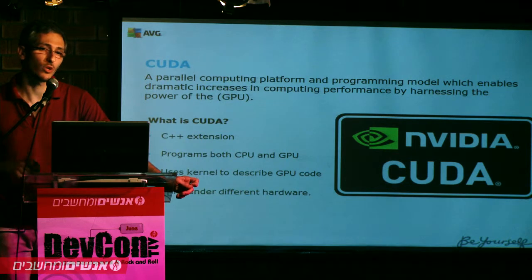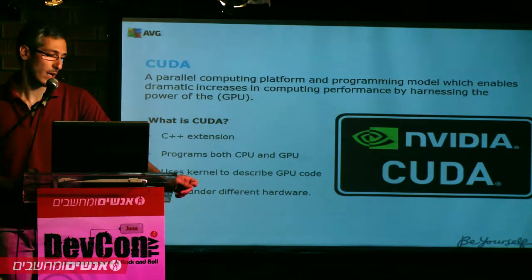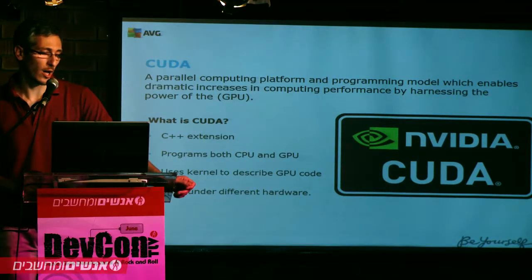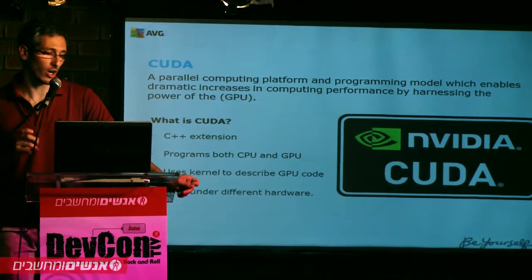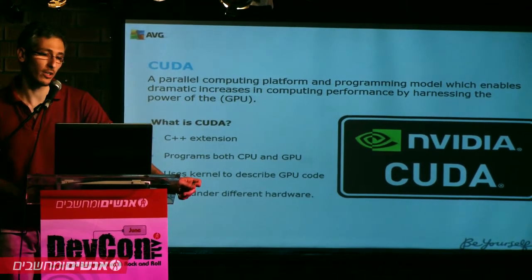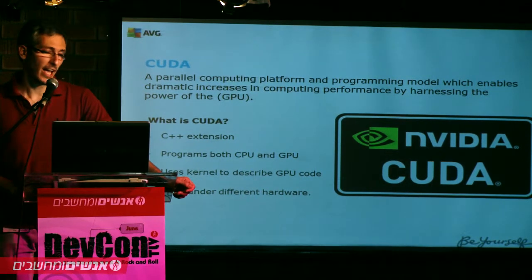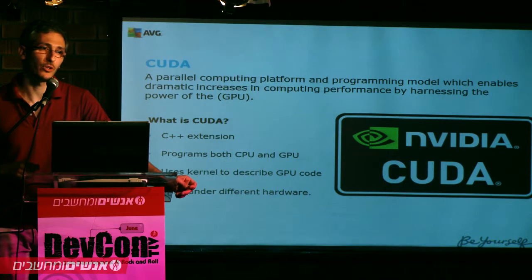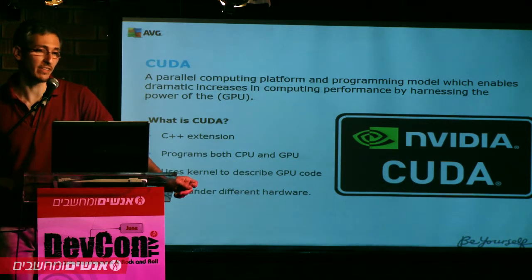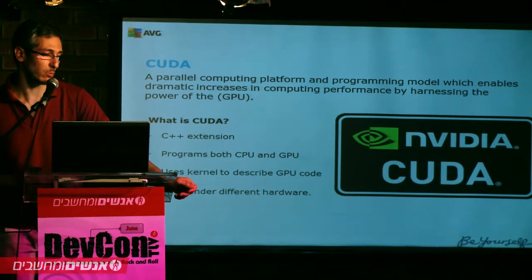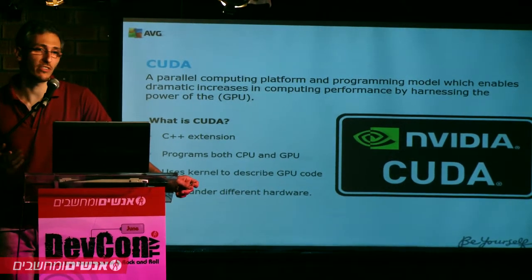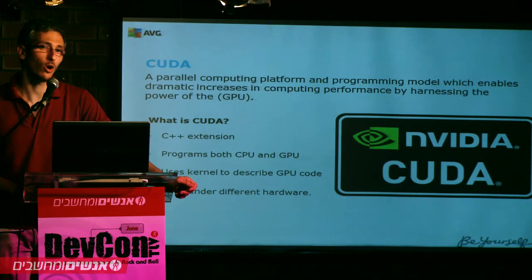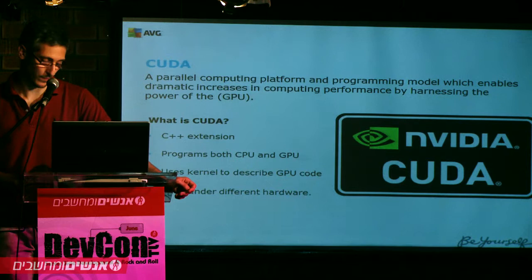It allows us to write code which will run both on the CPU and the GPU. Parts of code which are executed on the GPU are referred to as CUDA kernels. CUDA is multi-platform, so you can run it on Linux, Mac or PC, and there's a variety of GPUs which are CUDA enabled. I should say that other languages do support CUDA. You can use CUDA with Python, Java, and I think also .NET.